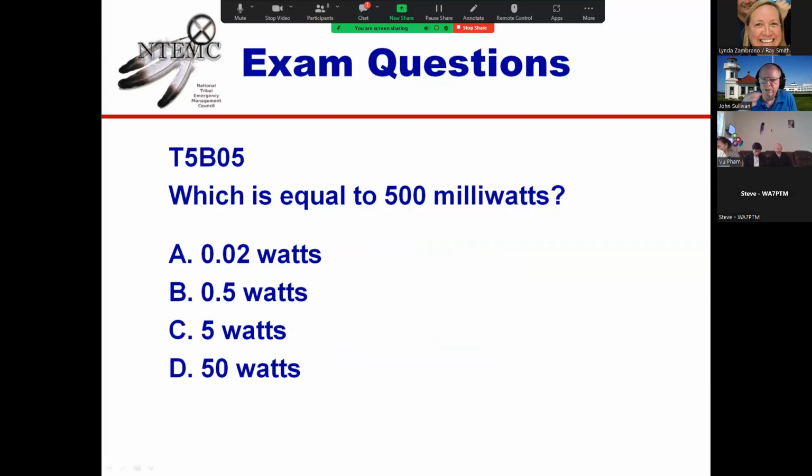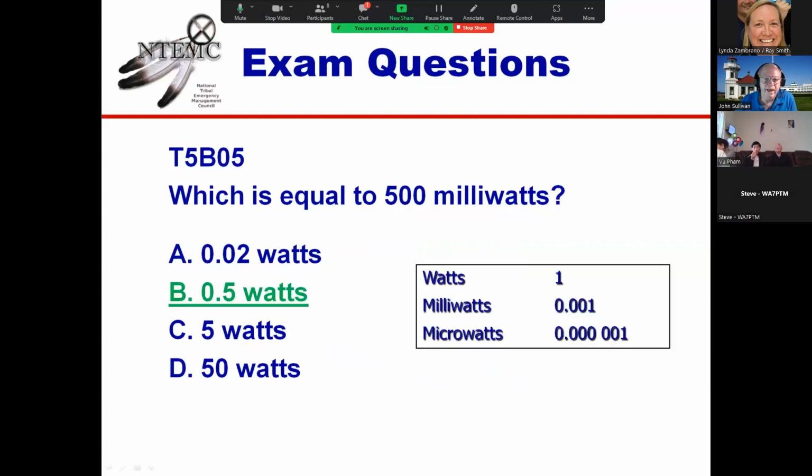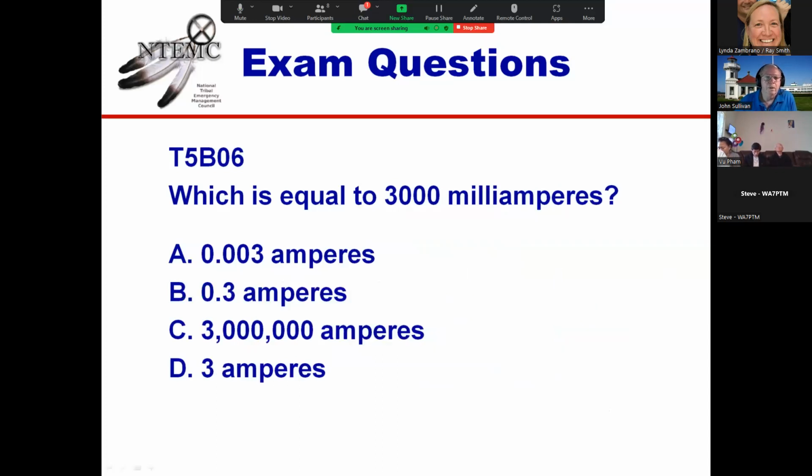Well, we know that 1,000 milliwatts is a watt, so 500 would be half of a watt, 0.5 watts. Answer B. Which is equal to 3,000 milliamperes? Okay, so once again, we know that milli is 1/1,000th, so 3,000 milliamps would be 3 amps.